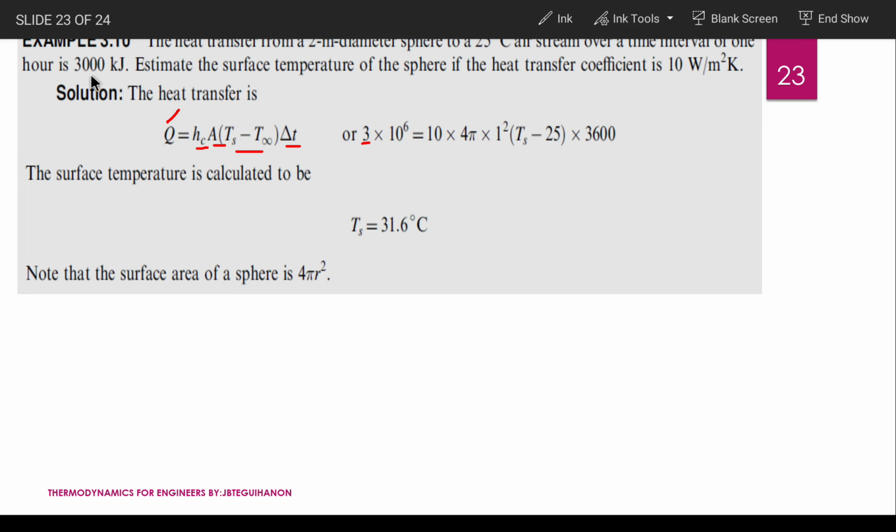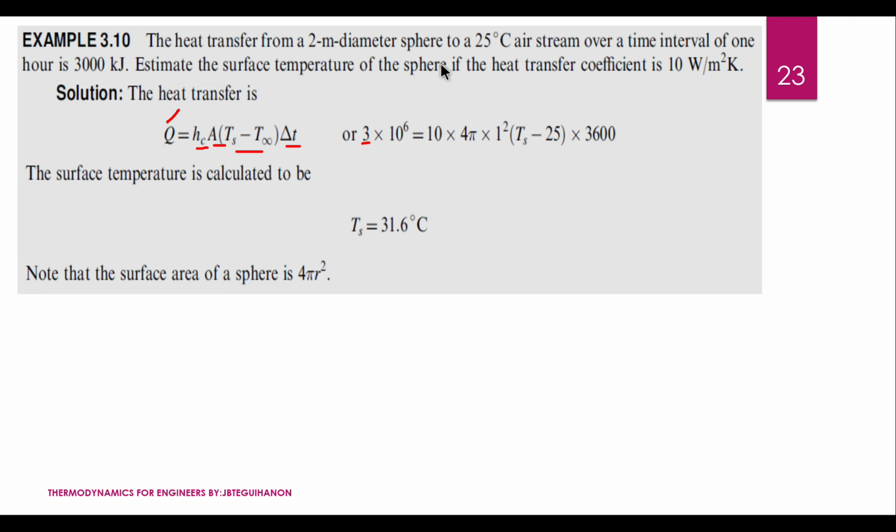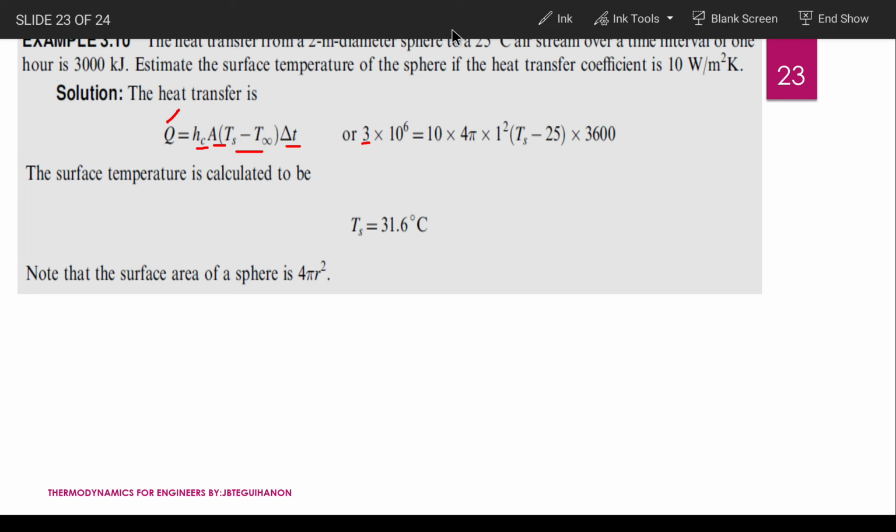Okay, is equal to 10, times area. Given by area. Hindi, mali. 10 times 4 pi times 1 square. So, area lang ito. Times delta T. Oh, sorry.